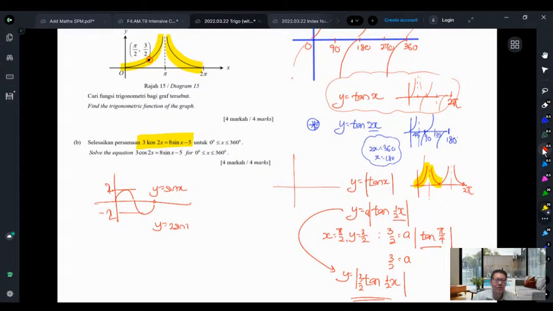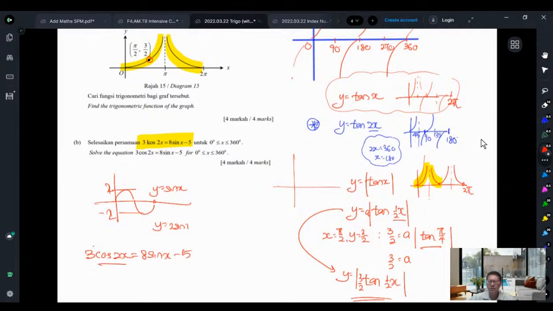All right, so whenever you have time. 3 cos 2x equals 8 sine x minus 5.